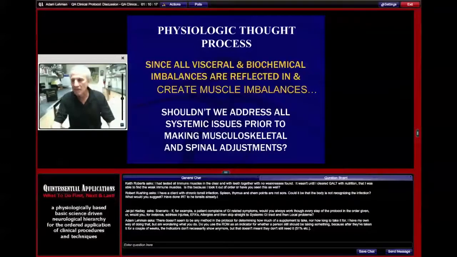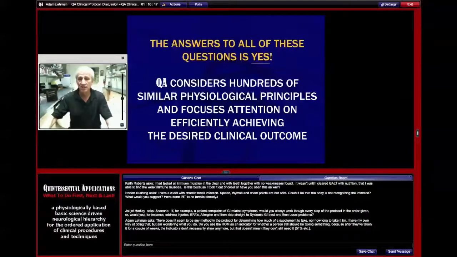Now, many of us are chiropractors. Many of us base our work on structural activity. But since all visceral and biochemical imbalances are reflected in and create muscle imbalances, musculoskeletal and spinal mechanics are compromised by these influences. So shouldn't we address these systemic influences prior to addressing the structural effects?